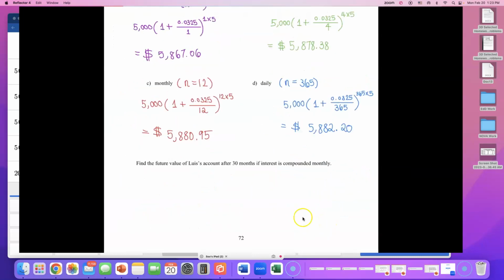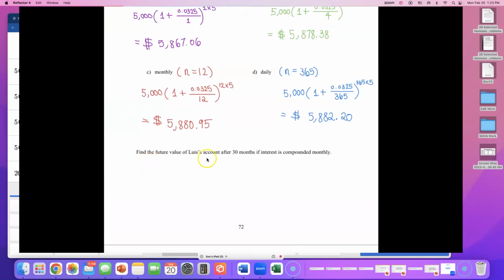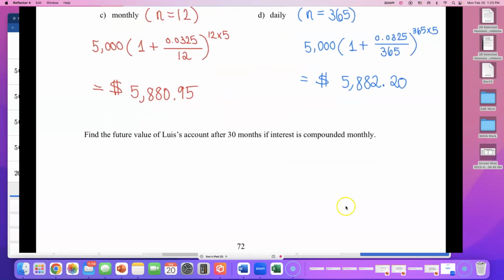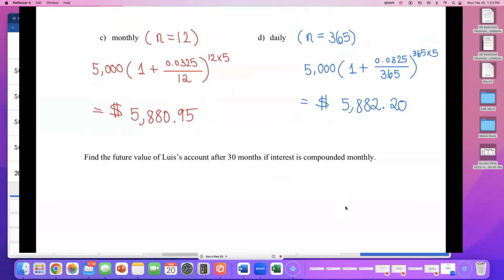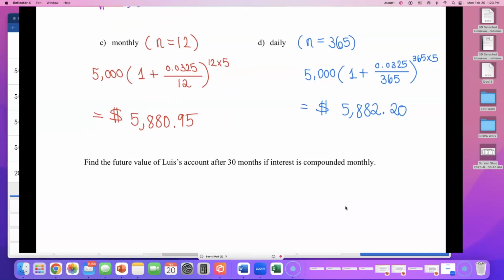Okay. Find the future value of Louise's account after 30 months. Oh, 30 months. If interest is compounded monthly. So I'm going to be using that same equation, okay? So we're multiplying Louise's $5,000 by 1 plus the rate getting divided by 12, converting into a monthly rate.